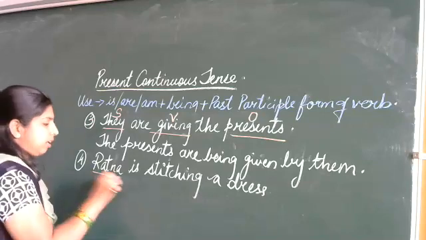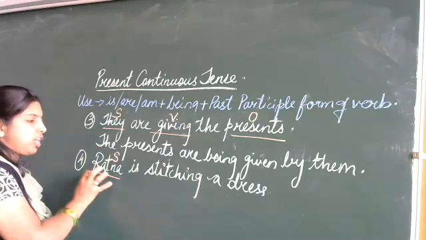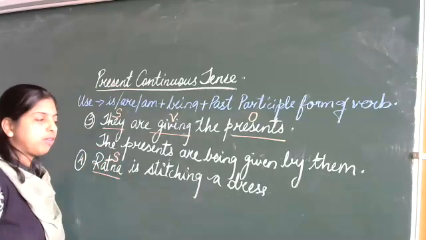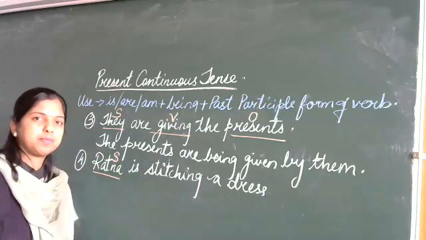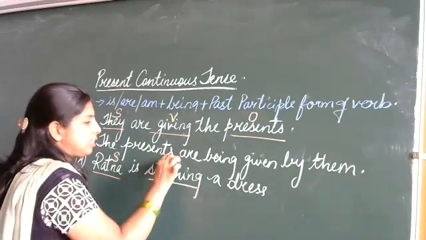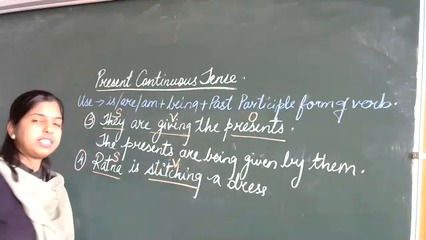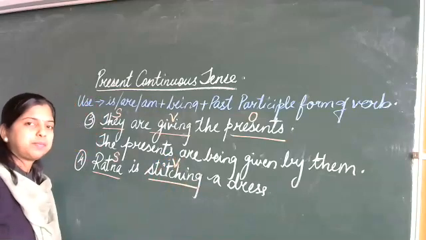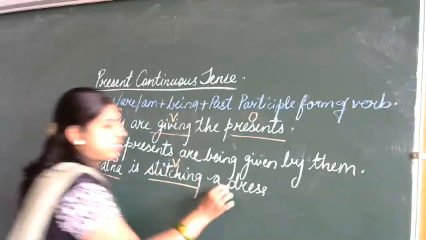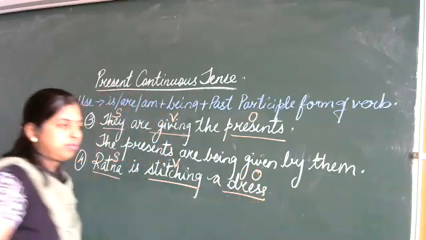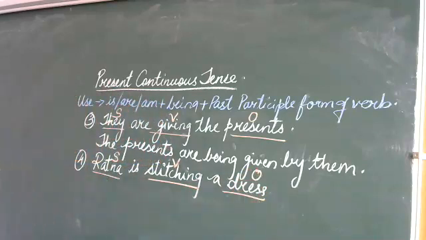Ratna. She is the subject because she is doing the action. Where is the verb? Stitching. Stitching is the verb. Yes. And where is the object? Dress. Okay, very good.